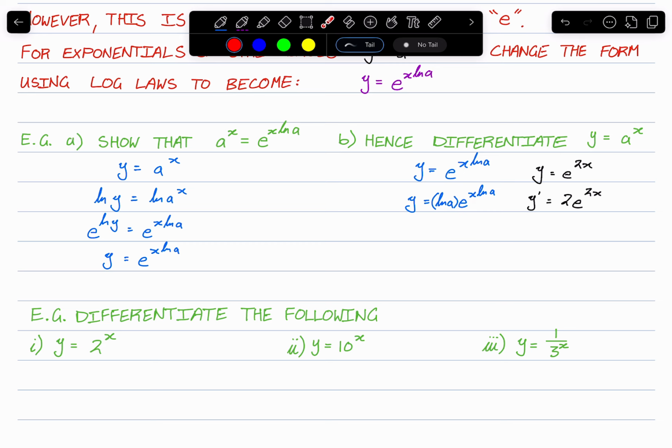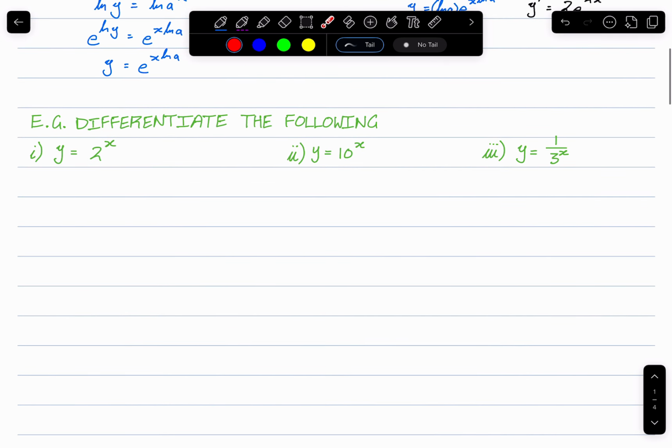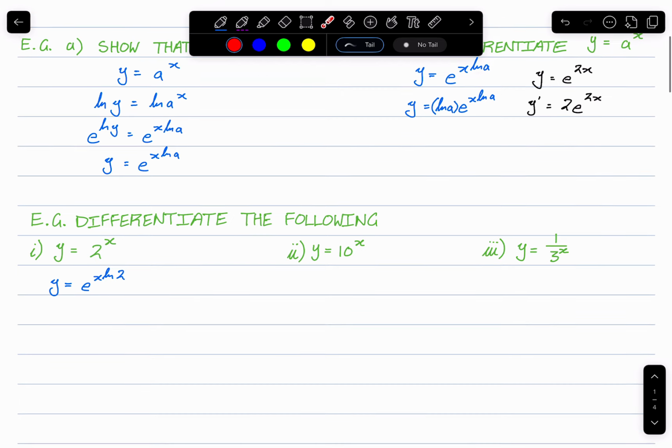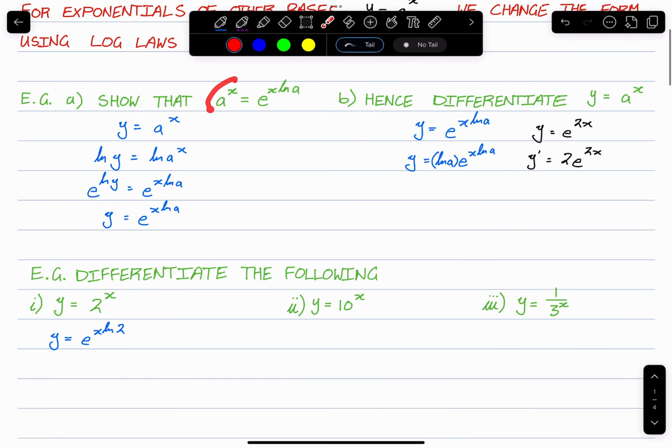So let's do this the long way first. Then eventually we'll do faster and faster shortcuts. So here we go. First, we change this. y equals e to the x ln 2. I'll give you a moment just to see how we change that. This has become this.